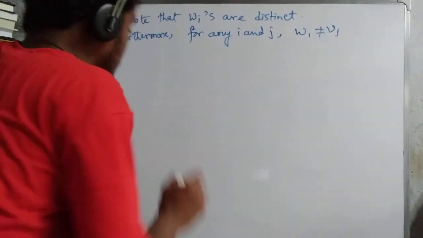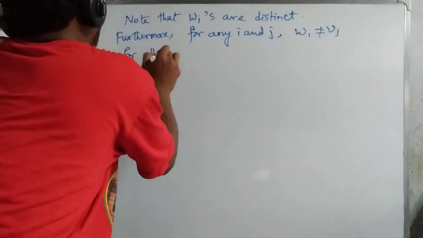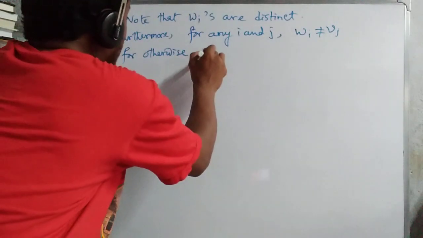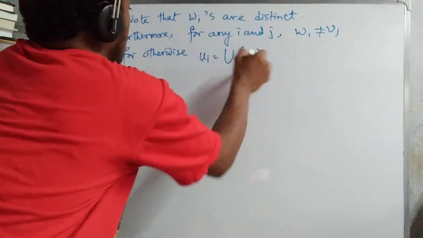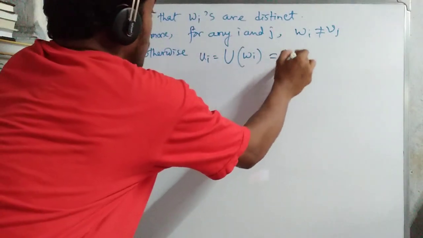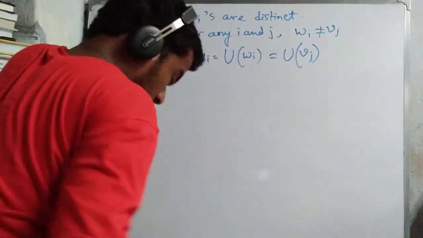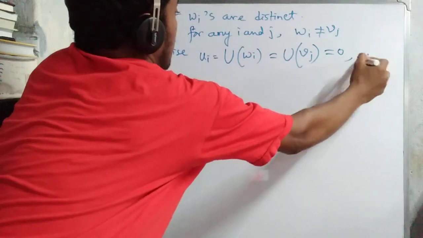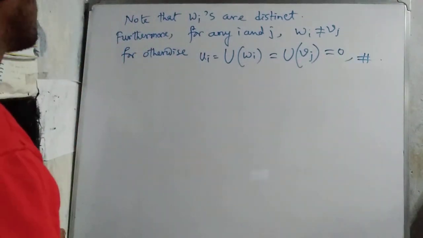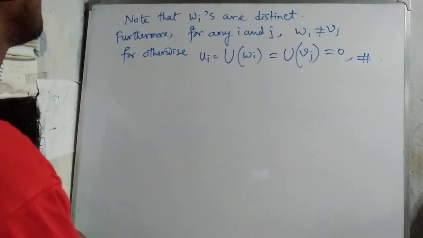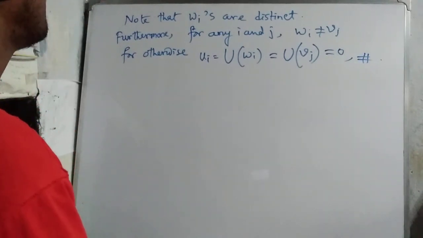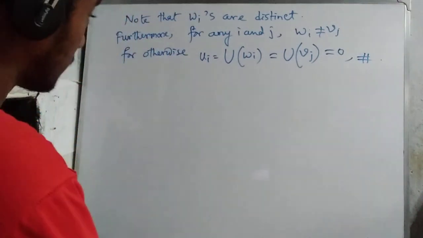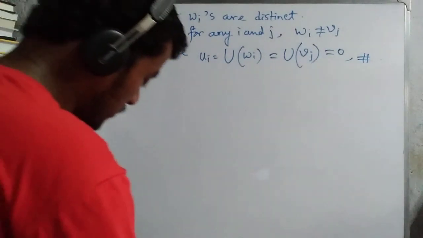For otherwise, ui equals U of wi, which would equal U of vj, which equals 0, a contradiction. That means if wi not equal to vj holds, fine; if otherwise, then U of wi and U of vj equal 0.